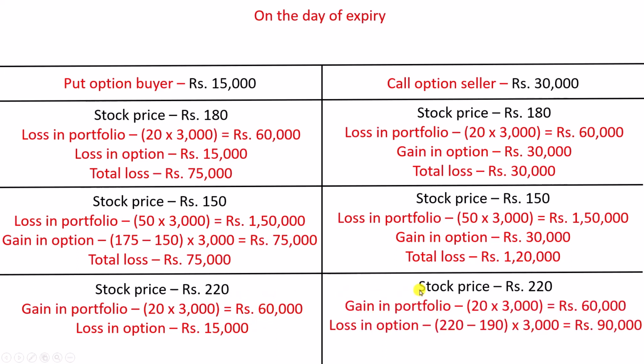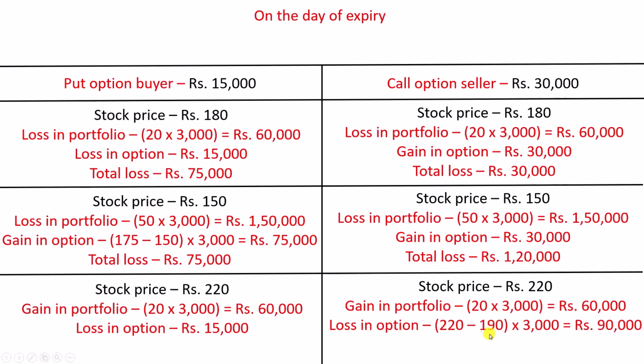But here in this case, if the price goes to 220 rupees, the gain in the portfolio is the same, 60,000 rupees. But then there is a loss in the option. You know that loss for a seller is unlimited. So here it is 220 minus 190. Why 190? Because this is the break even point. So 220 minus 190. I had received premium from the buyer at the price of 10 rupees per stock.